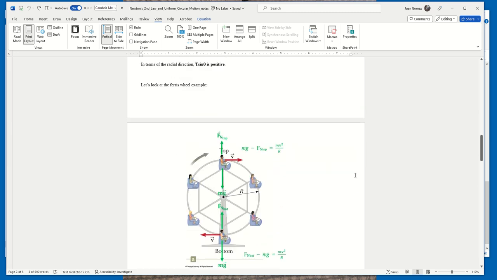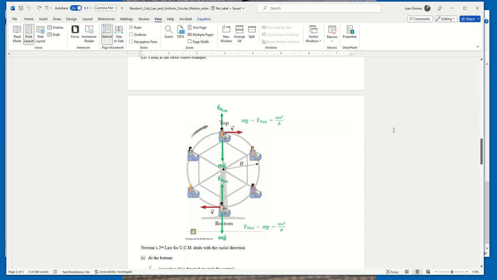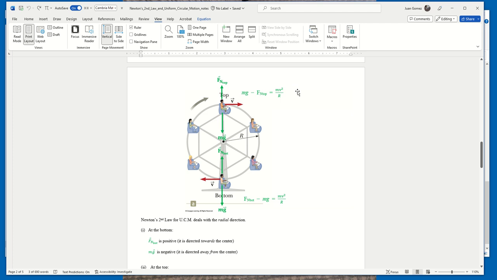That sum always equals m times v squared over r, where m is simply the mass of the rider, R is the radius of that UCM, in this case a large R, it doesn't matter, and v is the speed of the Ferris wheel. So notice Newton's second law for UCM has a different form depending upon whether the rider is at the bottom or at the top.